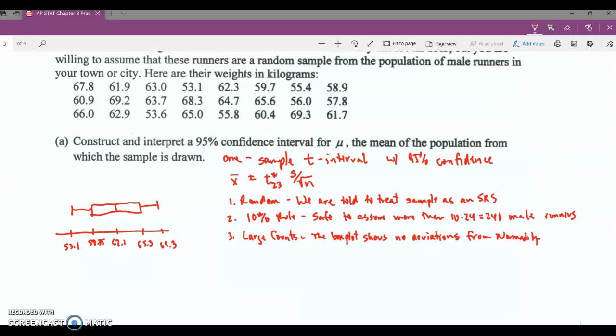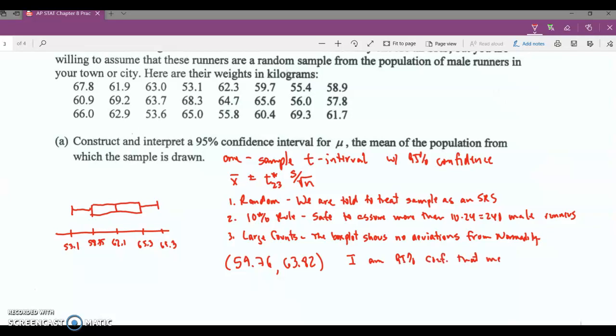I'm good to proceed. So I'm going to use the calculator to do my work for me. And I get an interval that goes from 59.76 to 63.82. I am 95% confident that, what am I estimating?